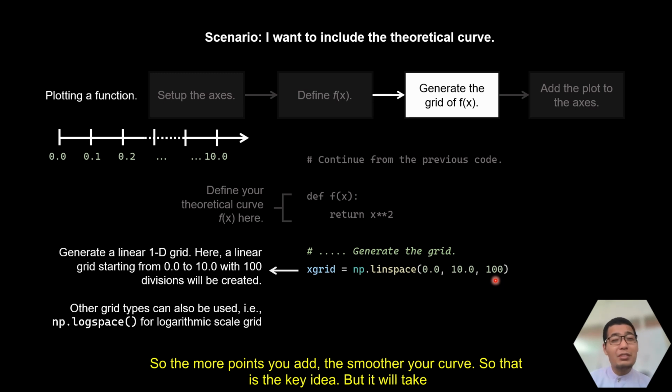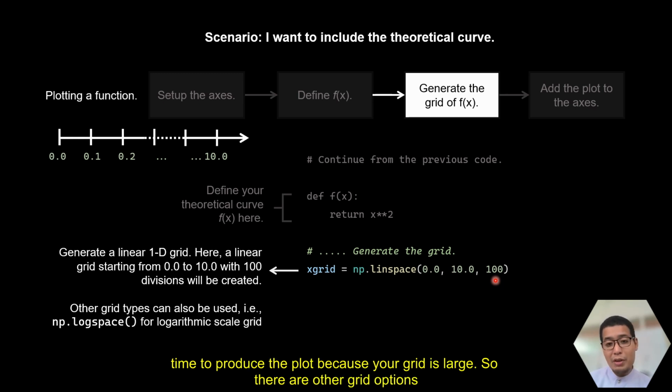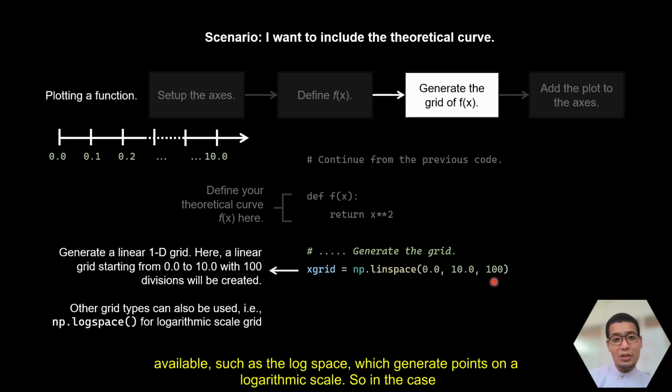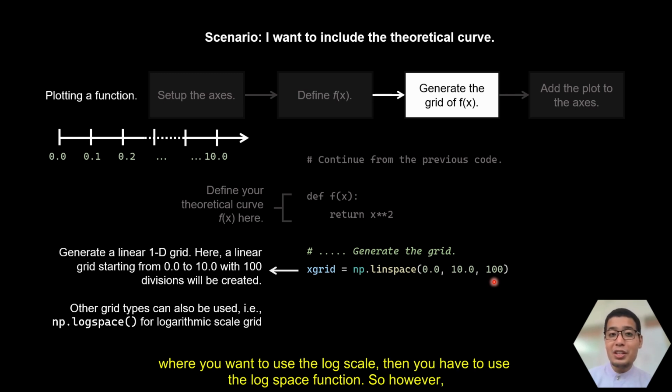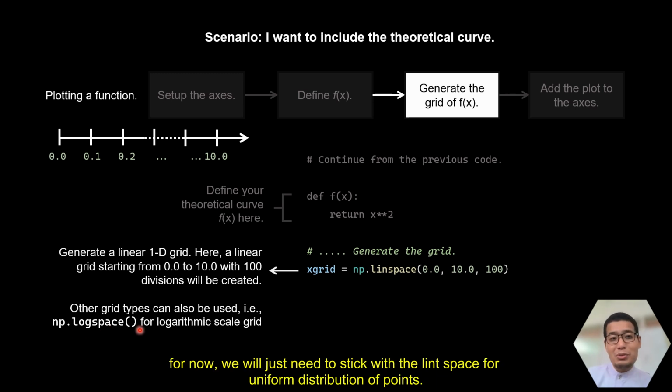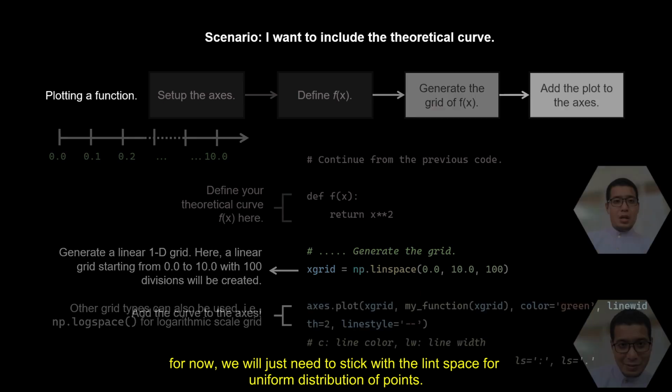But it will take more time to produce a plot because your grid is large. There are other grid options available, such as logspace, which generates points on a logarithmic scale. So in the case where you want to use the log scale, then you have to use the logspace function. However, for now, we will just stick with linspace for a uniform distribution of points.